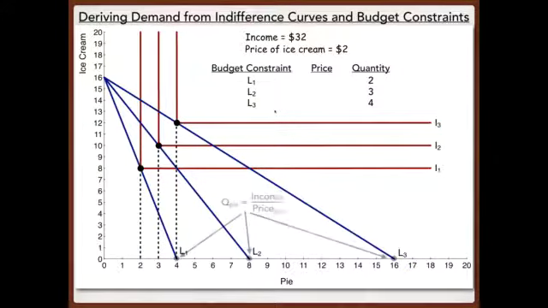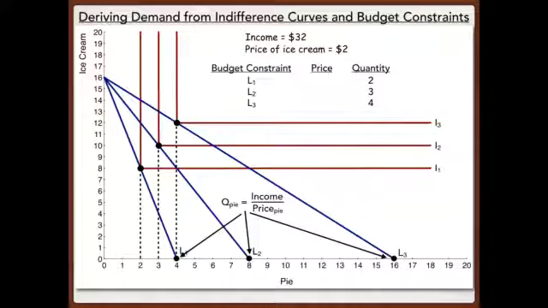And the thing you need to realize is how we get those extreme points on the x-axis, that is showing us the amount of pie that could be consumed. And those points are just equal to income divided by the price of pie. So the point on L1, the point on L2, and the point on L3 are just income divided by the price that's associated with each of those budget lines.